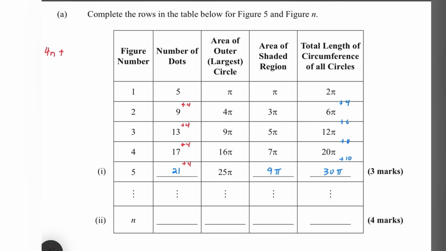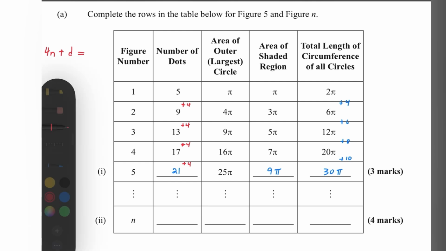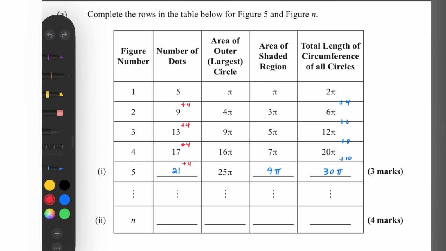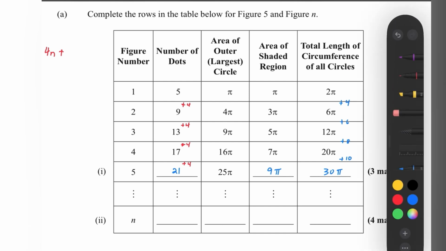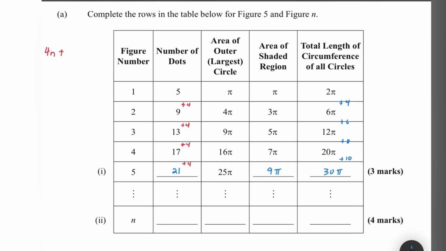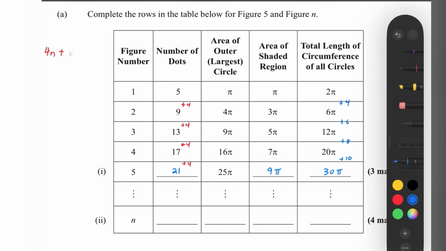Let's call that value x, because then I can write the number of dots as d. It doesn't matter though, it's just a variable, so you could choose any variable you want. So 4n plus x is equal to the number of dots d.